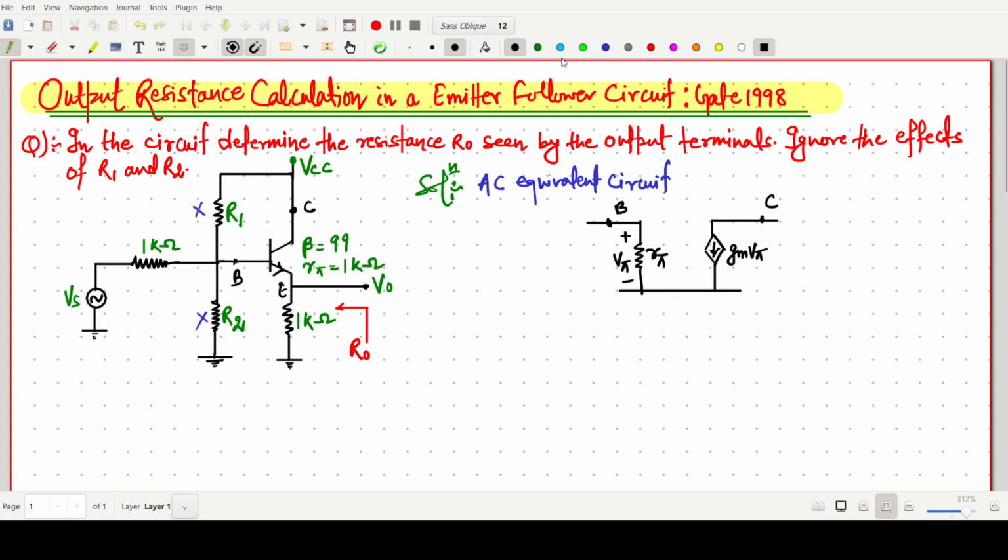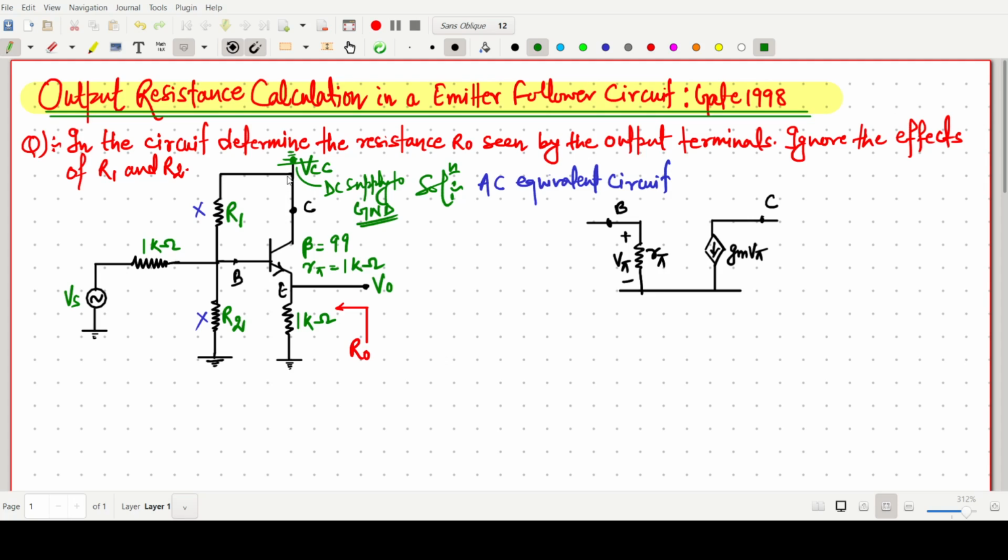In an AC equivalent model, we have to make the DC supply ground.